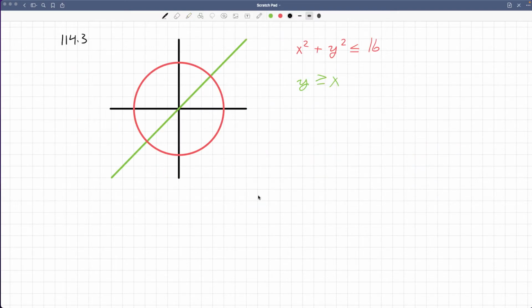All right, in 114.3, instead of a parabola and a line, we have a circle and a line. And our line is y is greater than or equal to x. So it has the or equal to, so it is a solid line. And there is no plus b.